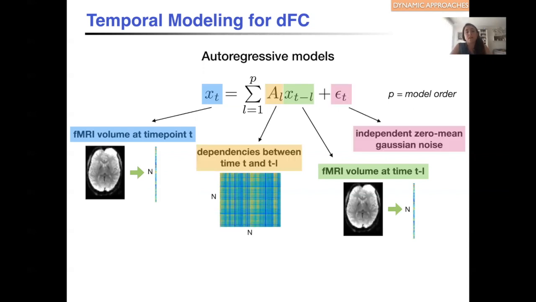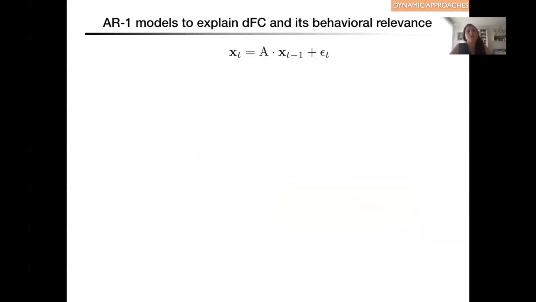And the dependency between different time points is encoded in this coefficient matrix A, which contains basically the correlation between a brain pattern and the same brain pattern, but at a time point t minus L. So if you want, this represents a dynamic version of the correlation, because it's the correlation at two different time points.